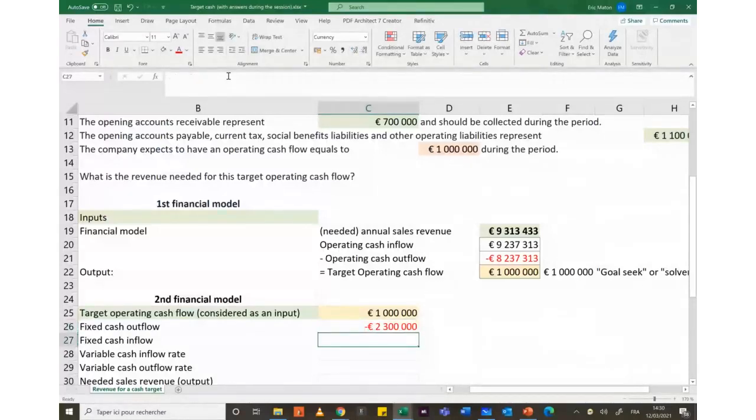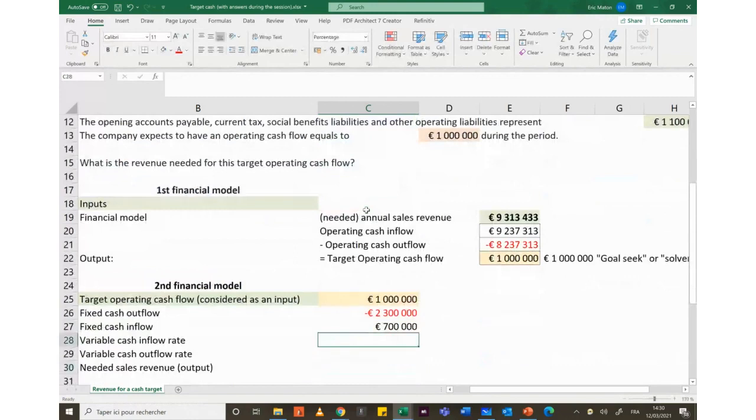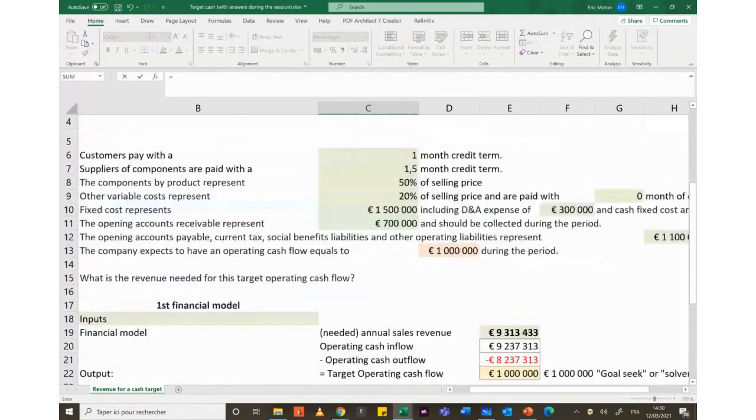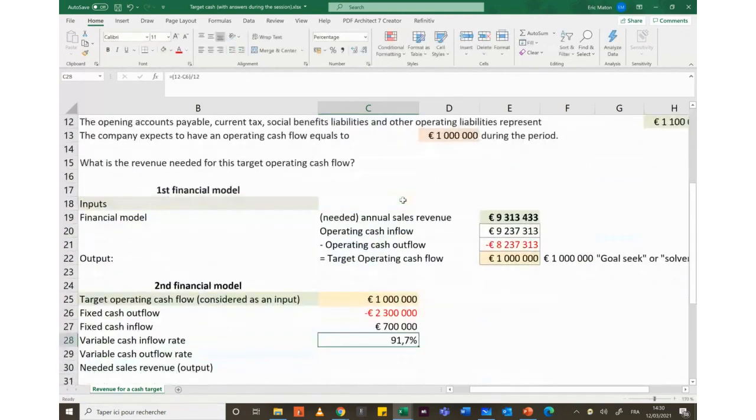The fixed cash inflow, it's what I should collect from what is due by the customers from the previous period. The variable cash inflow rate is the percentage I will collect during the period. So I will collect 100% of the revenue multiplied by the effect of the credit terms. So I will collect the 12 minus the 1 divided by 12. So I will collect 91.7% of the revenue during the period.